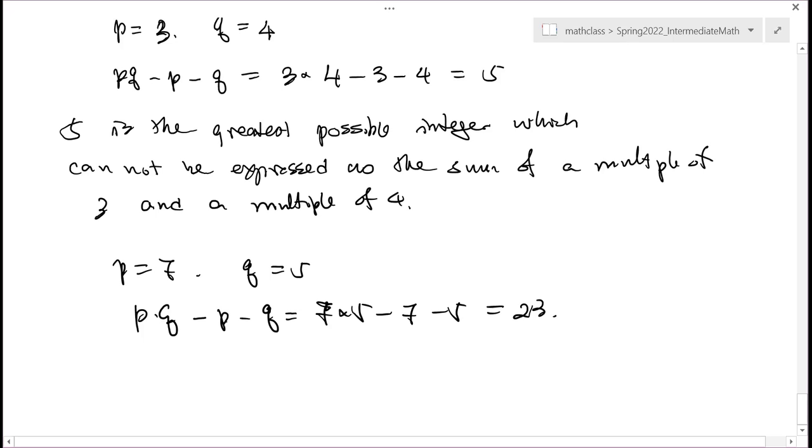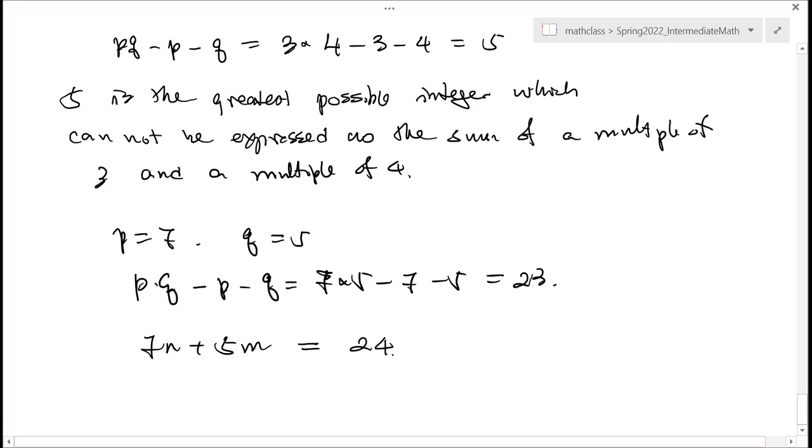Yeah, 24 we can probably do. So let's try to see if we can express 24. I'm going to use 7n plus 5m. I want to get 24. What kind of m and n can you choose?